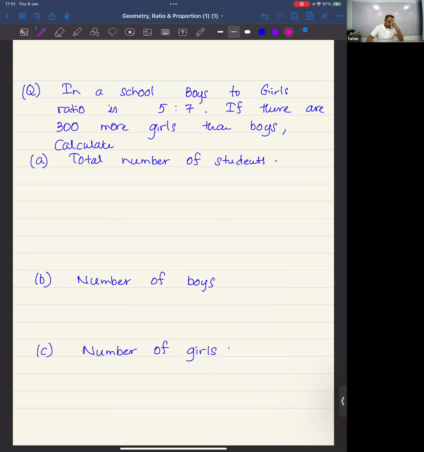If there are 300 more girls than boys, calculate part A, the total number of students, part B, number of boys, part C, number of girls. Can you give it a try?